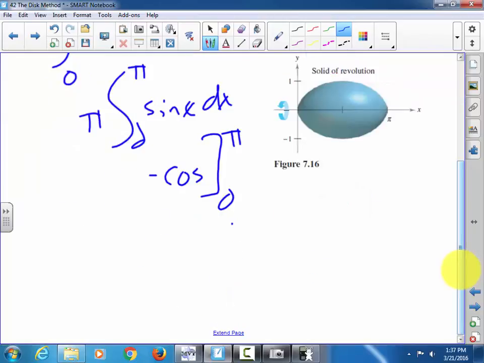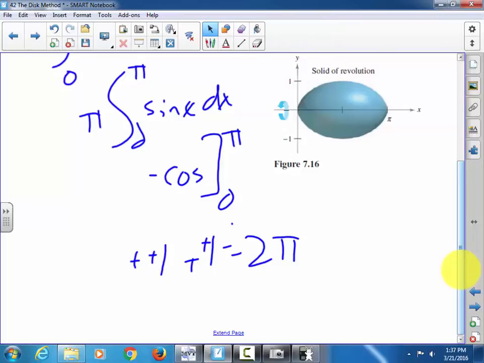So that's what? Negative 1 minus 1. Cosine of 0 is 1, and I've got a minus sign in front of it, but I had a subtraction in front of all of it. I think we just get 2 pi for an answer. That's the volume of it.